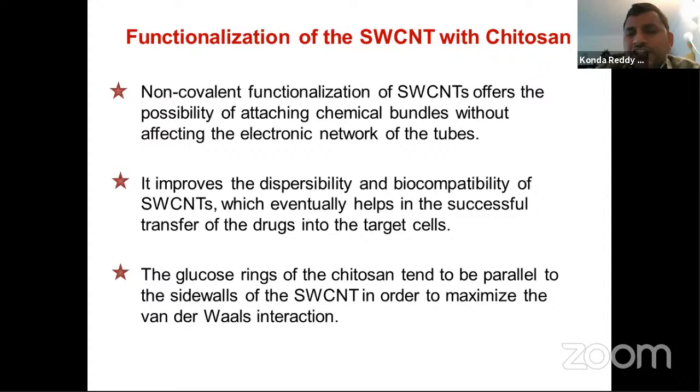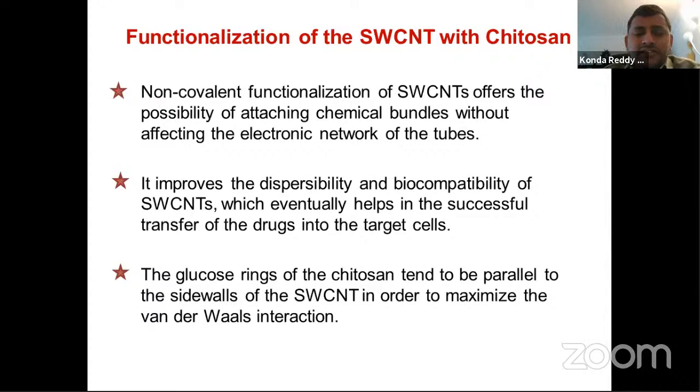Functionalization improves the dispersibility and biocompatibility of the carbon nanotubes, which eventually helps in the transfer of the drugs into the cancer target cells. The glucose rings of the chitosan tend to be parallel on the side walls, and that's how it's closely wrapped around the carbon nanotube.